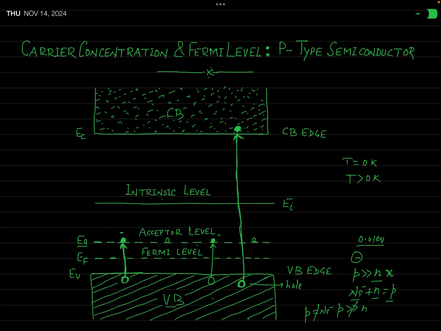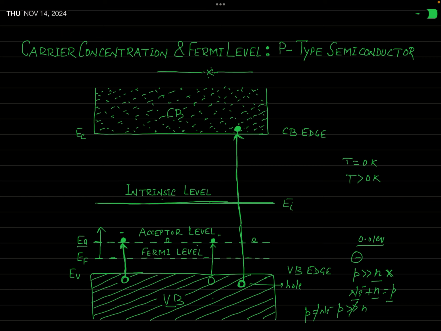Okay. But as you increase the temperature, more and more electrons will move from valence band to the conduction band, and so this Fermi level then rises. On increasing temperature, finally this Fermi level goes to the position of this intrinsic level. Intrinsic level means this is the Fermi level for the pure semiconductor.